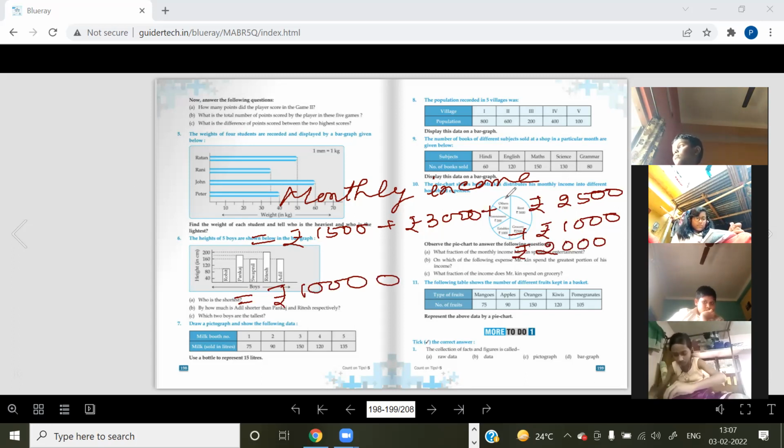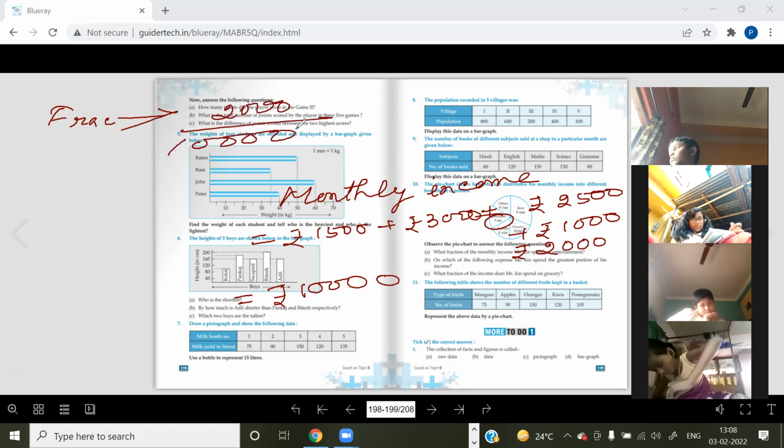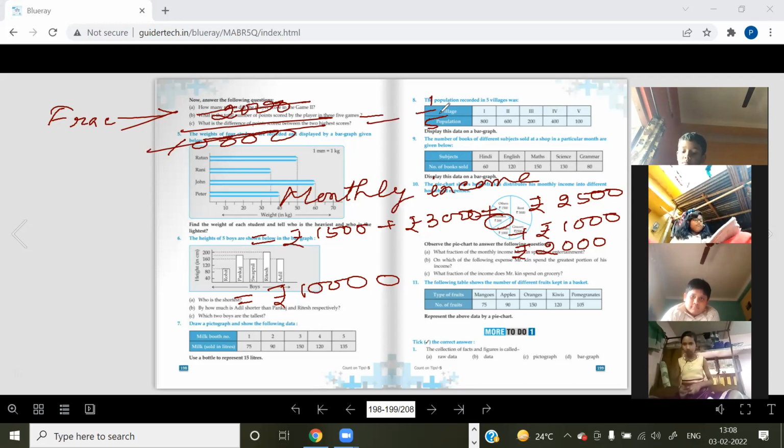Now it is given what fraction of monthly income is entertainment. In entertainment, how much is spent? 2,000. So the required fraction will be 2,000 by 10,000, that will be 1 by 5. If I am asking for the central angle, then multiply into 360 degrees.